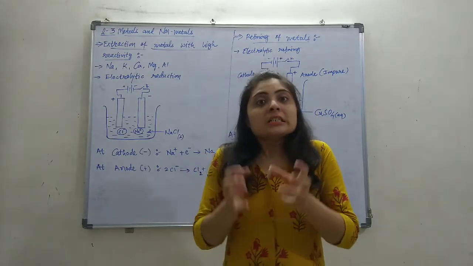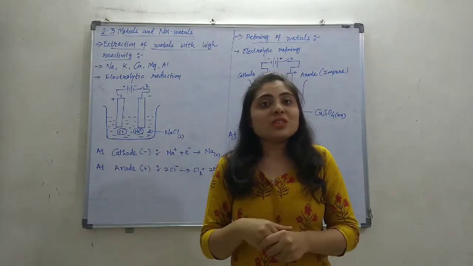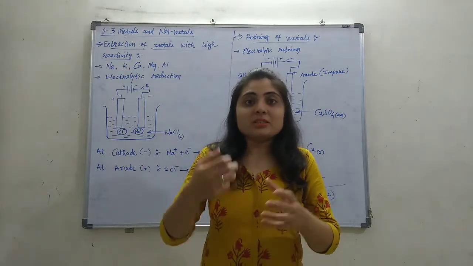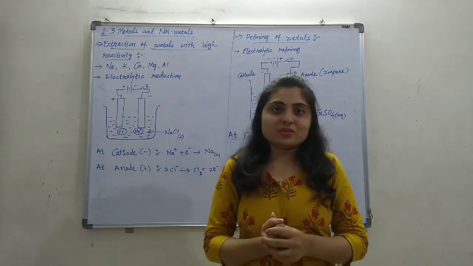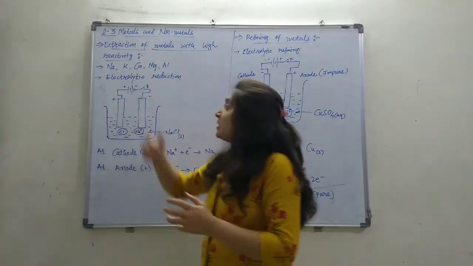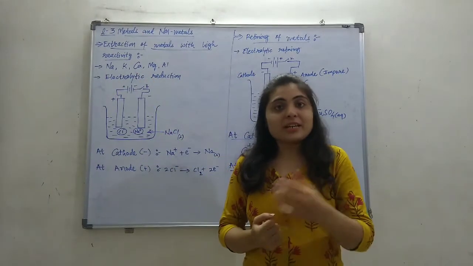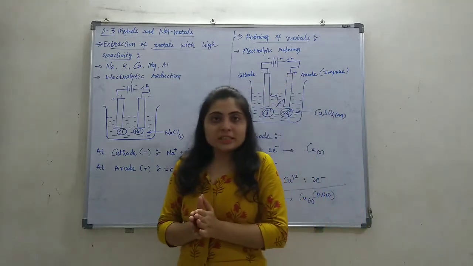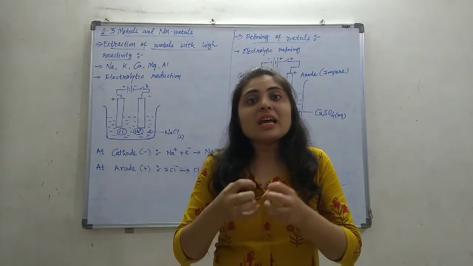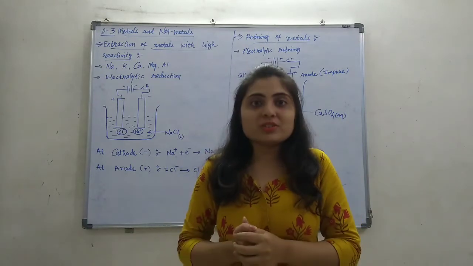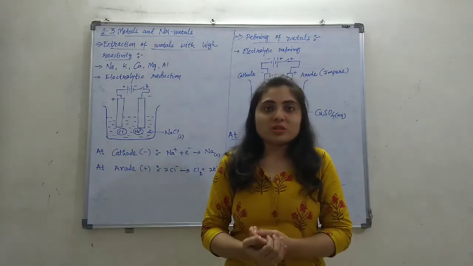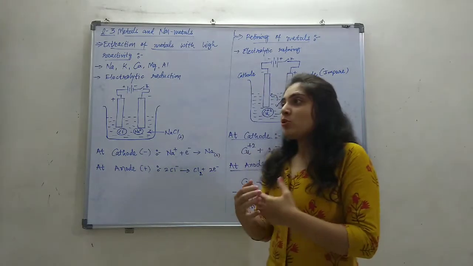But simply reacting the oxide of these metals with carbon doesn't reduce the metal oxide. It's not possible, because these highly reactive metals have very high attraction towards oxygen, so removing the oxygen with carbon is not possible here.